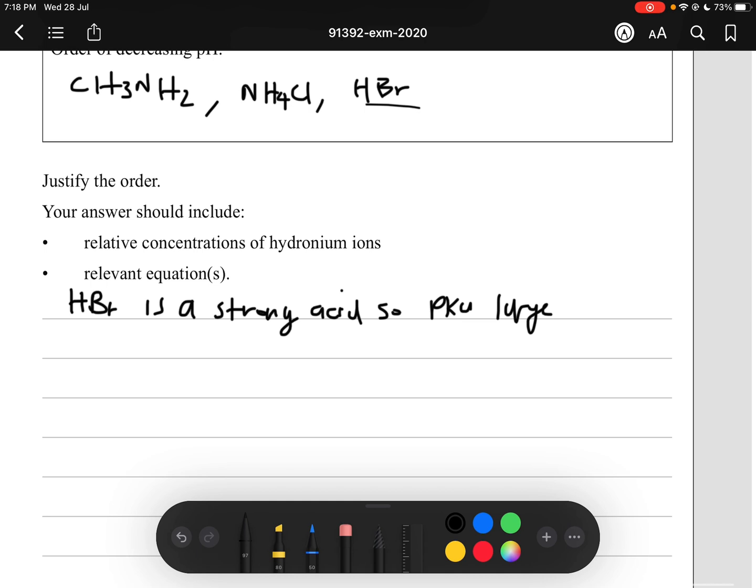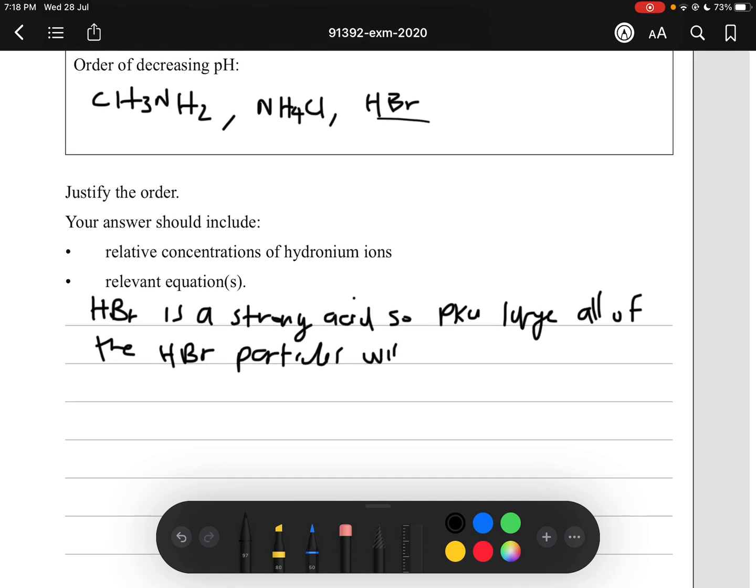So we can assume that all of the HBr particles will dissociate to form H3O plus and Br minus.